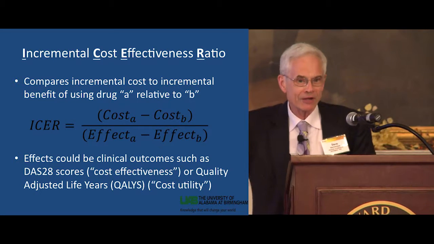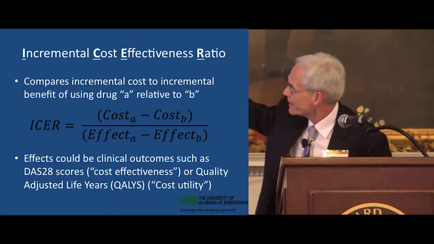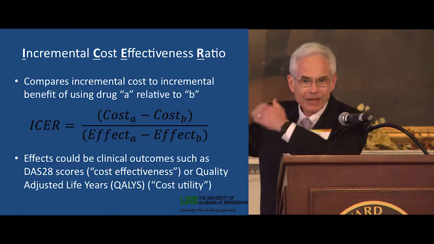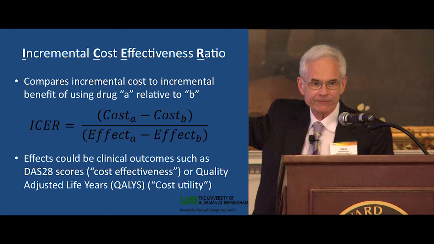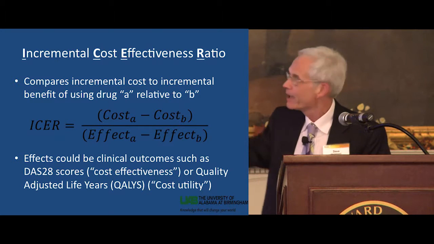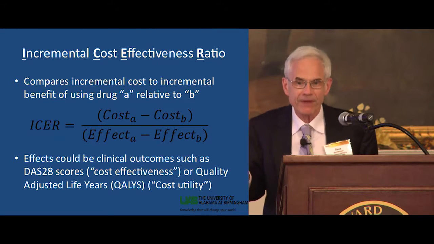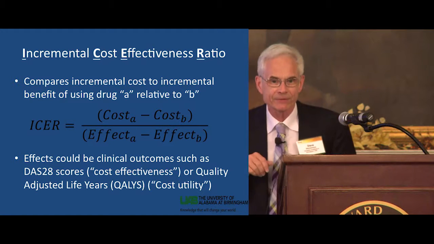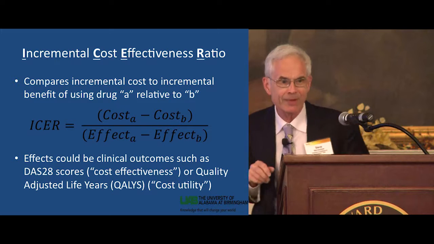The incremental cost effectiveness ratio, the ICER, is a number which is a ratio. The numerator would be the difference in cost between drug A and drug B. And then the denominator would be the difference in some effect between drug A and drug B. So difference in cost relative to difference in effect. Someday we'll get this to actually appear, but you can all imagine this with me.